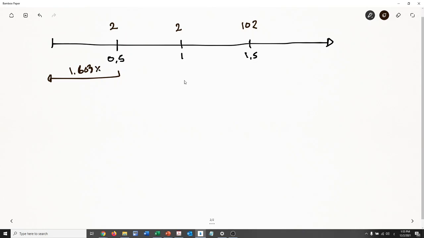Now, the second coupon payment is going to be discounted using the 1 year zero rate, which we found in the previous example on the previous slide, which equals 2.01%.